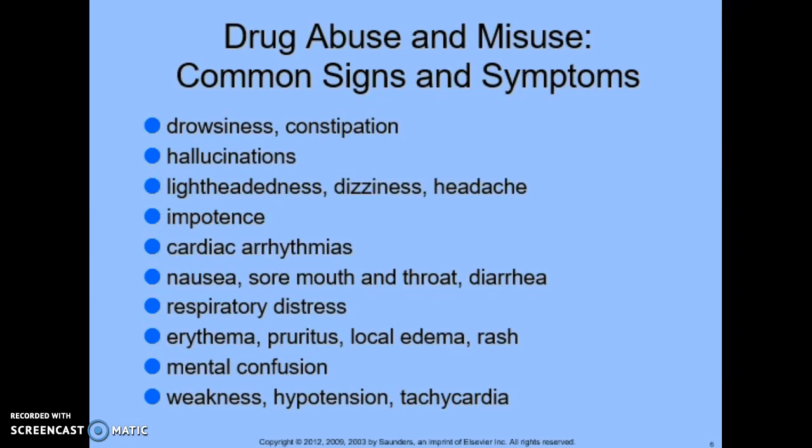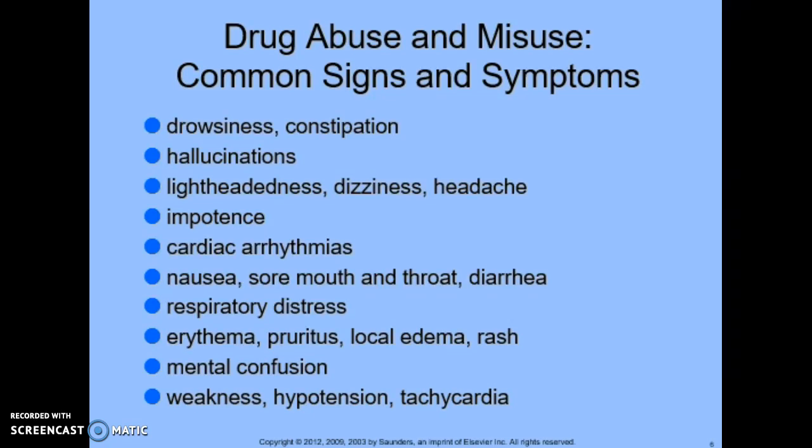even though these things are happening and these signs and symptoms are not good, the want or need for that drug overtakes really understanding that these things are happening because of the drug misuse and abuse.